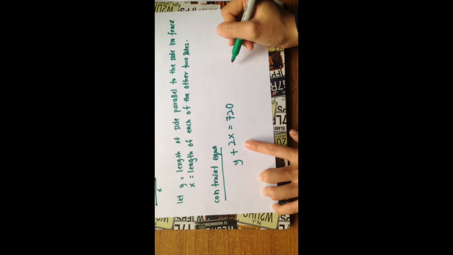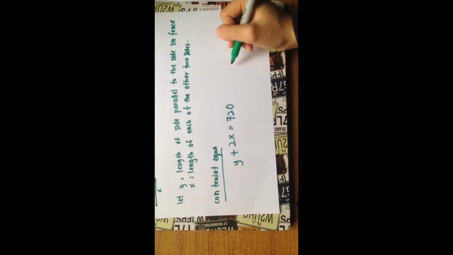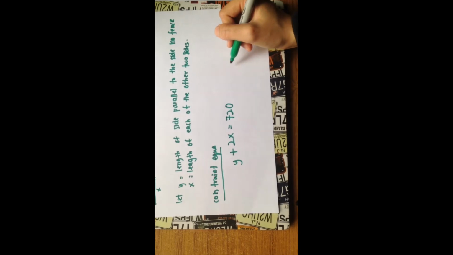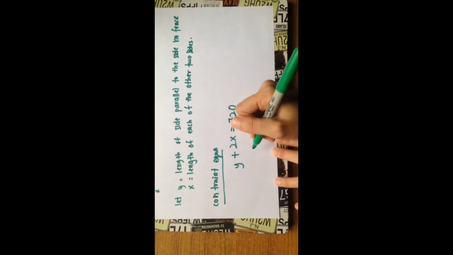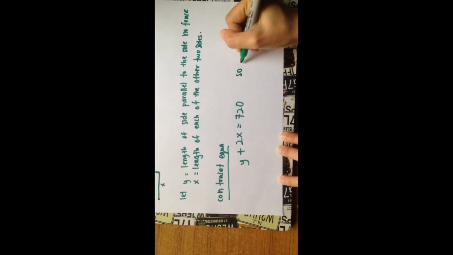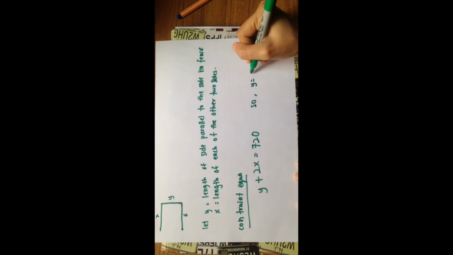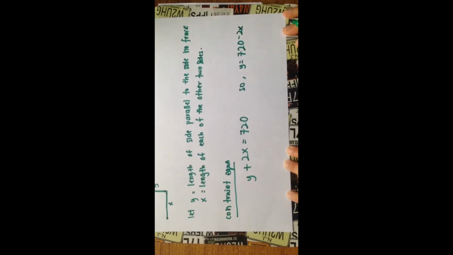So how to find the value of y, because we want to find the unknown. Here we can say y equals 720 minus 2x.